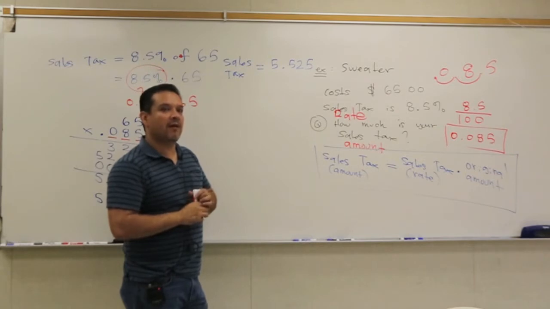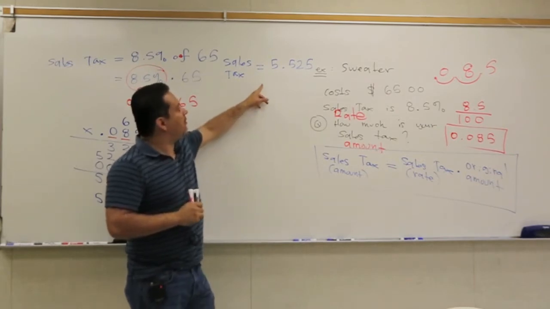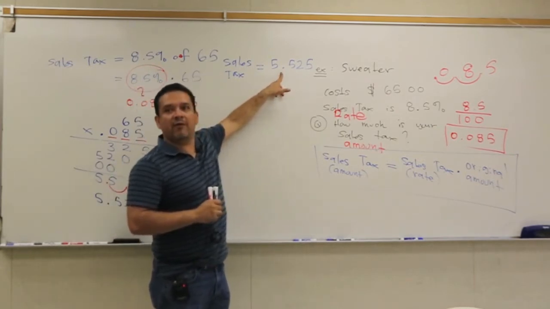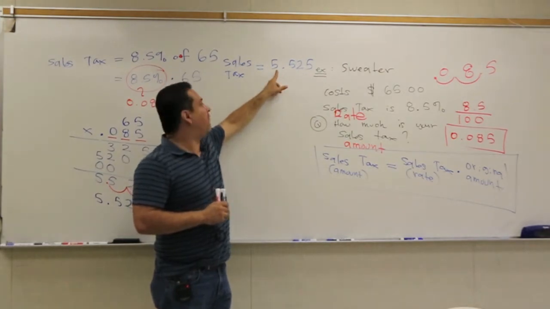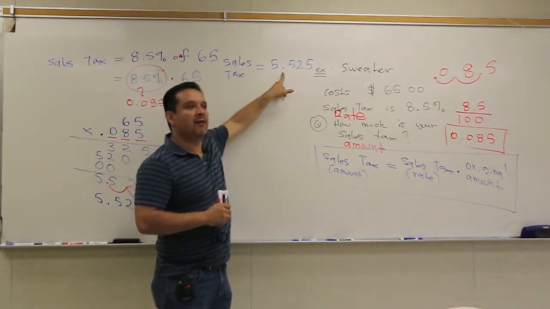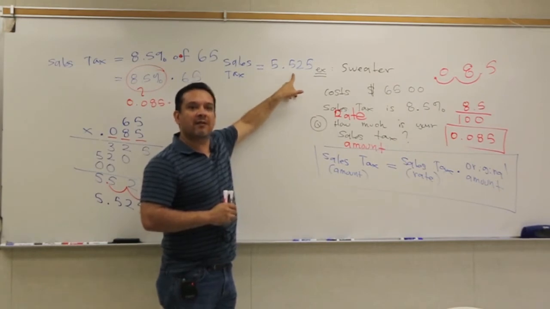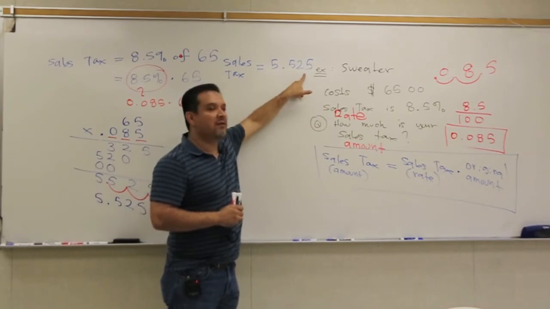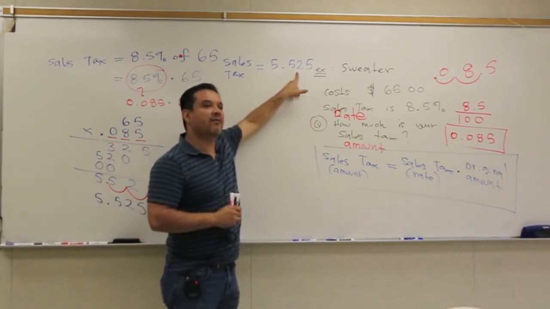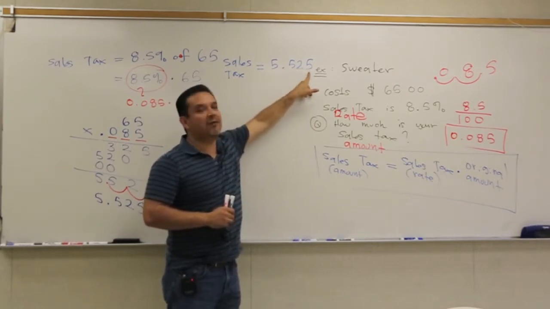Do you guys remember, if you look at a receipt, is there such a thing as $5 and 525 thousandths of a dollar? Is there money that goes out to that third decimal place?